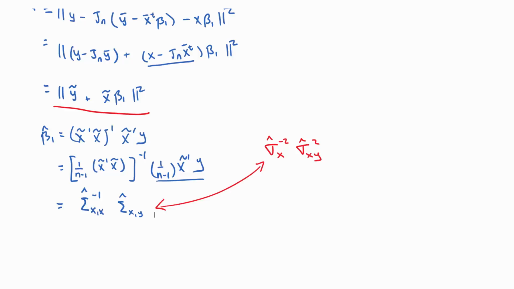What we see is that our multivariable regression coefficient follows exactly the same form as our simple linear regression coefficient. It's the inverse of the variance of the x's times the covariance between the x's and the y's. It just turns out that this is a matrix version, whereas these are all scalars in the linear regression case.